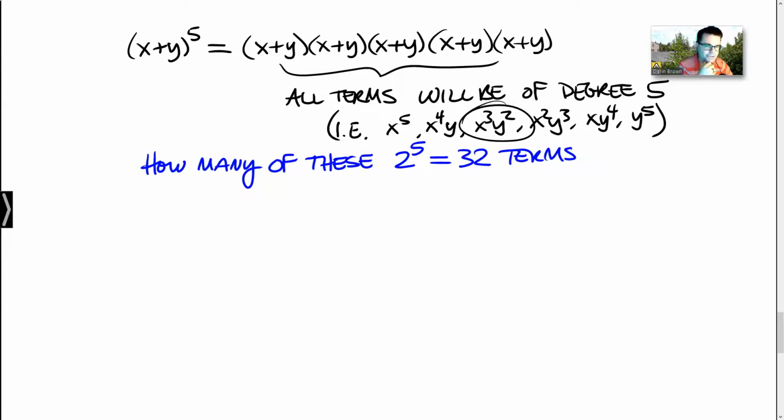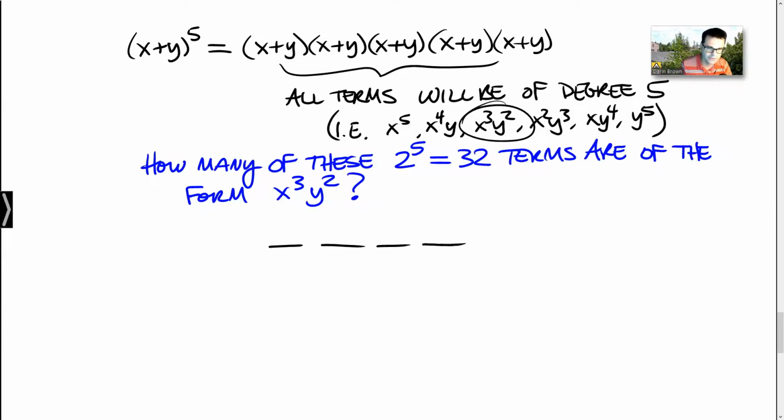How many of these 32 terms are of the form x cubed y squared? Well, what that amounts to is, if you think of the 5 factors, the 5 binomials getting multiplied together, as 5 blanks.